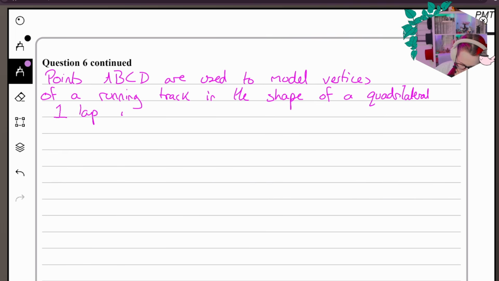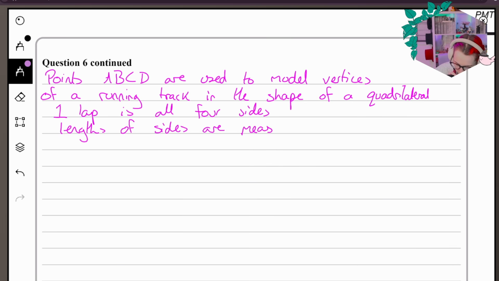One lap is all 4 sides. Lengths of sides are measured in meters. Sorry, I'm not American. Meters.